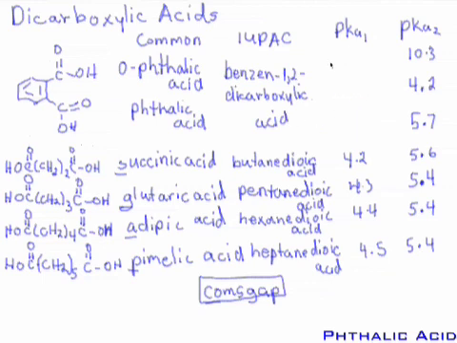And what is the pKa of this dicarboxylic acid? The first pKa, of course, is 2.9. And the second pKa is 5.5.